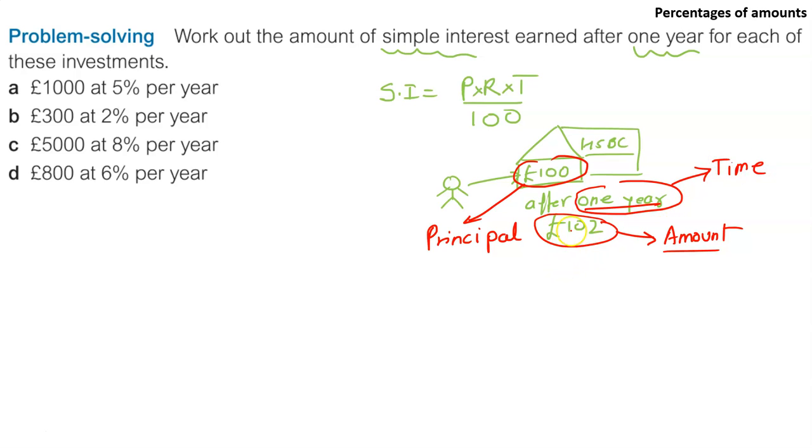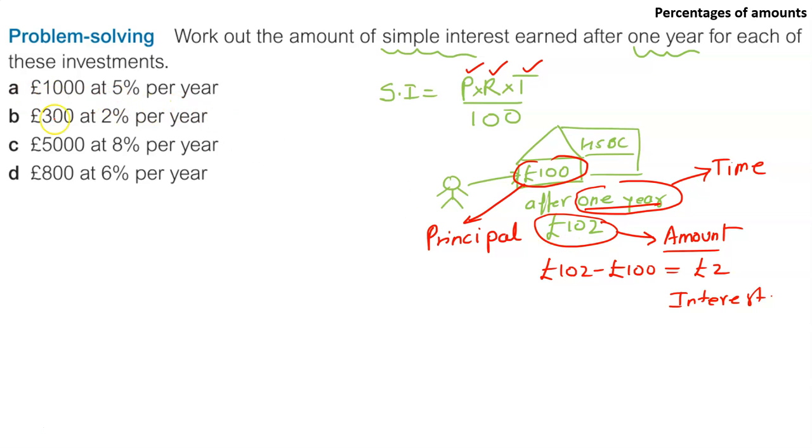And whatever amount you got extra, like 102 minus 100, that is extra 2 pound, that is called interest. Okay, so that's why simple interest formula is principal times rate times time divided by 100. Principal P is the amount which you have deposited. R is the rate on which bank is paying interest per year.